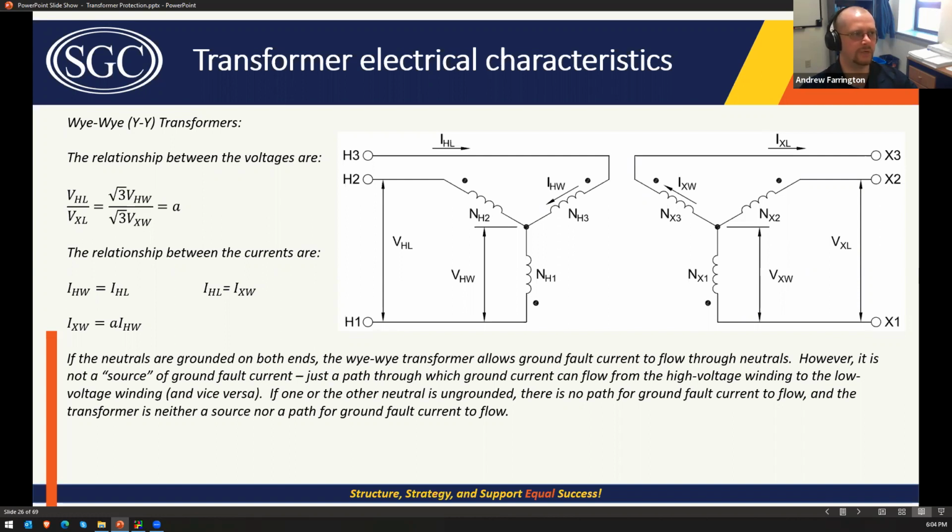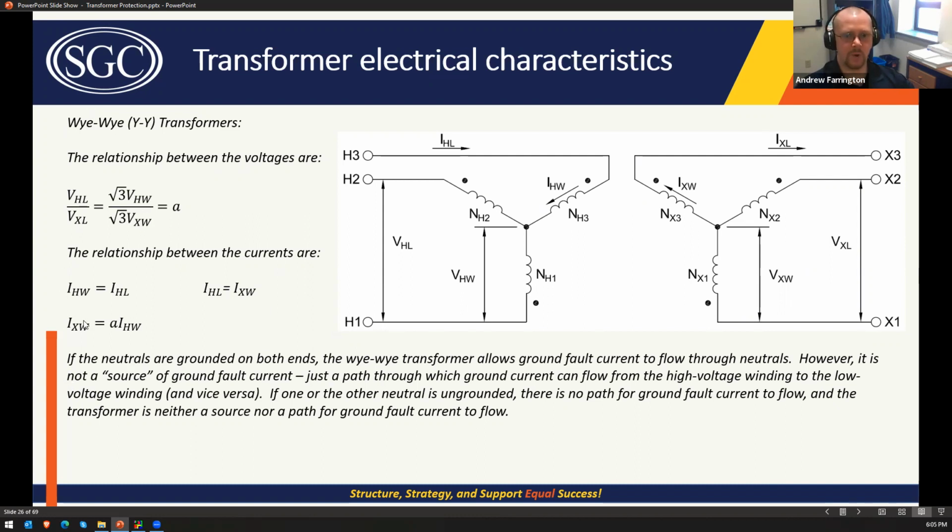What differentiates a Y Y transformer versus a delta Y or a delta delta, and why do we use one versus the other? While I provided this background information, which hopefully you already understand, what I want to emphasize for our purposes is what the differences are from a practical standpoint, from a protection engineer standpoint.